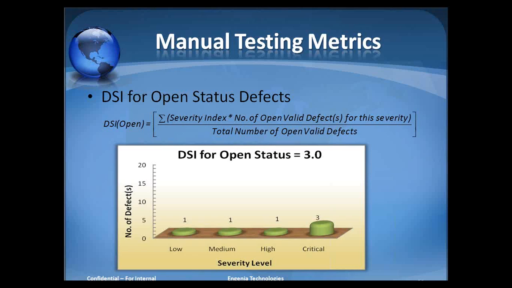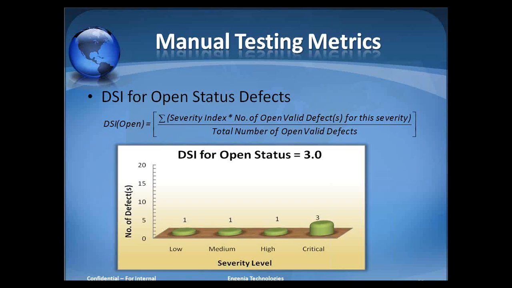The next part is the DSI for open status defects. In this, the formula is the severity index multiplied by the number of open valid defects for this severity. We will exclude all the defects which have been closed, and we would also exclude all the invalid defects. So what are the current defects which are open as of now?